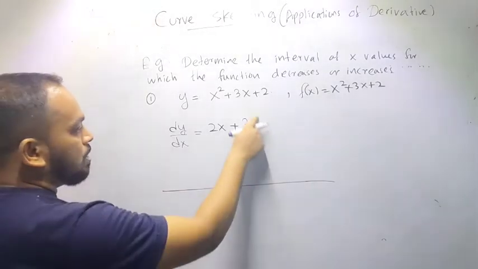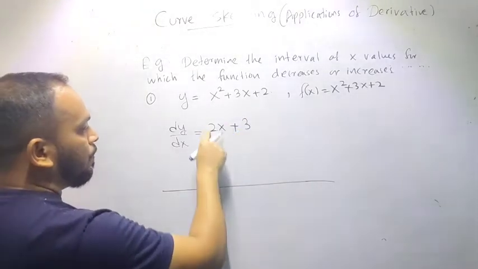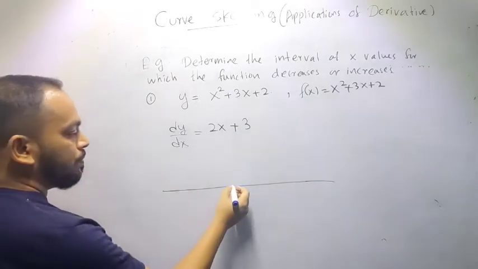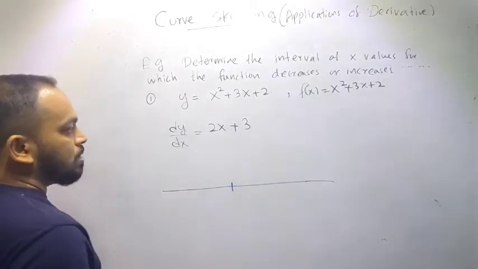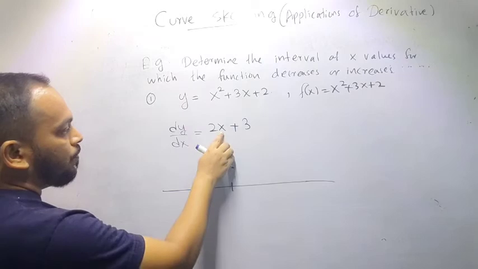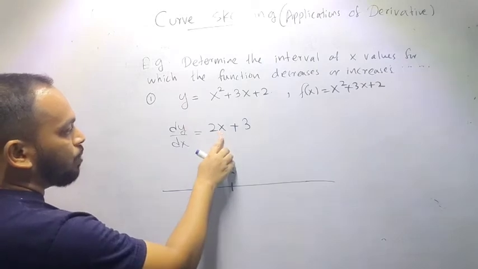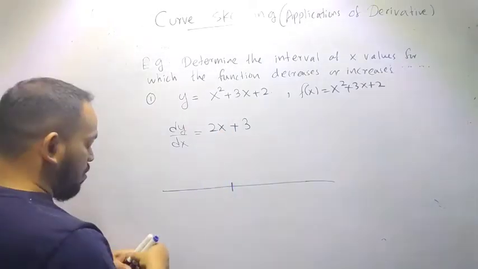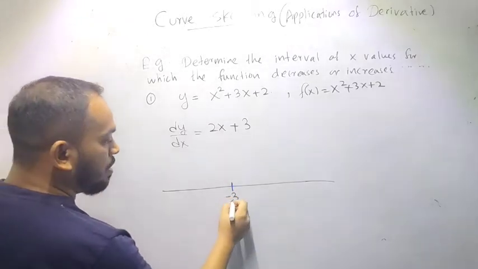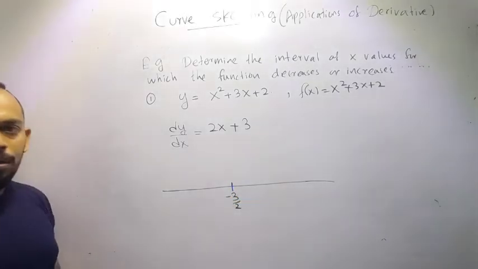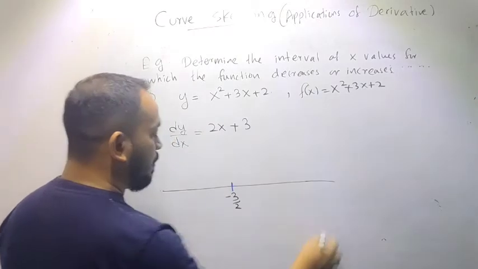Then you represent the x value for which the derivative is 0 here. What is the x value for which this derivative is 0? If we put minus 3 by 2, this would be 0. So the value is minus 3 by 2.